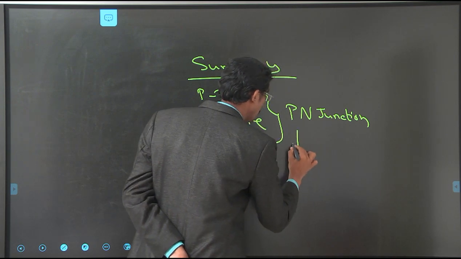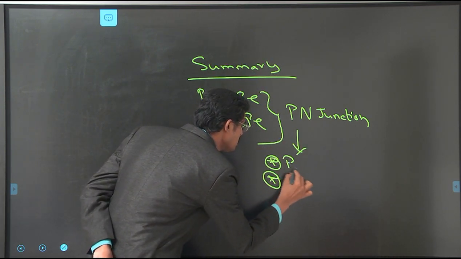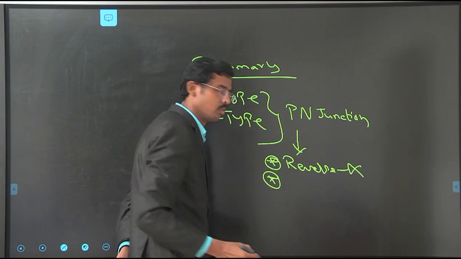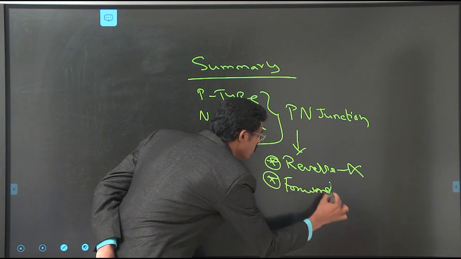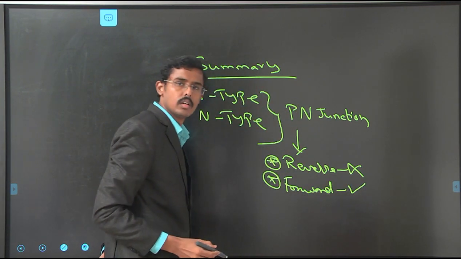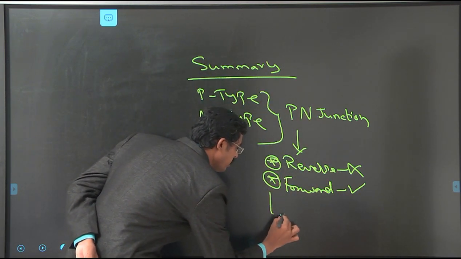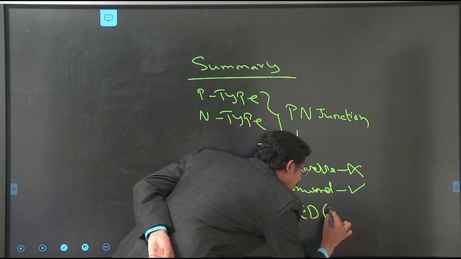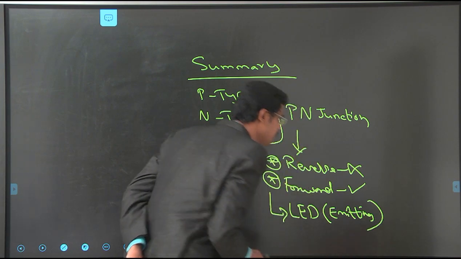And how it works: in reverse bias this won't work, and in forward bias this works. Then after that, using this PN junction, we get the light emitting diode, the LED. Right?